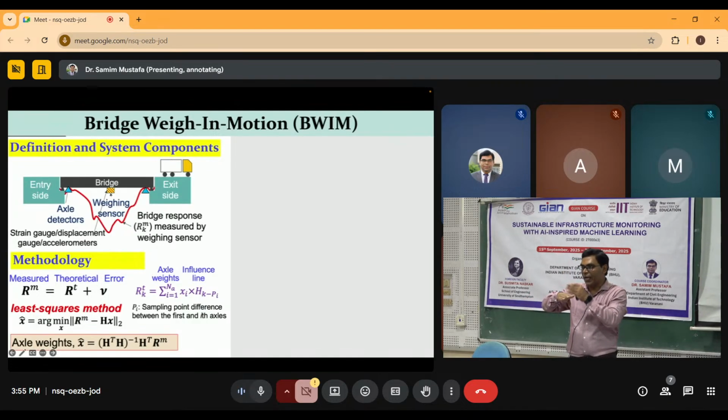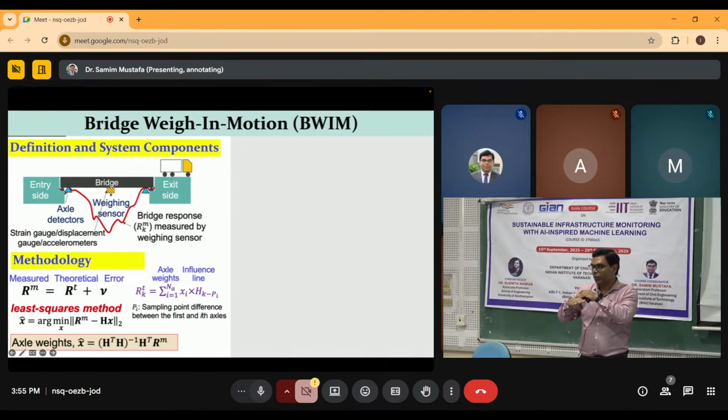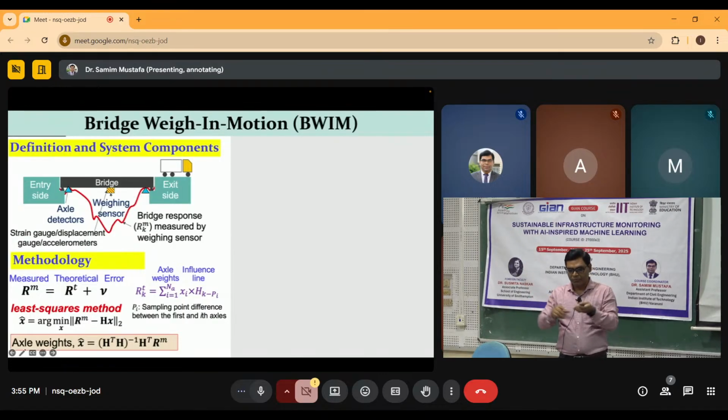So the entry of each axle onto the bridge happens at a defined time. Therefore, when you construct this response, you have to know which axle is coming first, after how much time the second axle is coming, and after how much time the third axle is coming. Only then can you accurately model mathematically the time at which each axle enters. For example, suppose this is the bridge and the first axle has already entered.